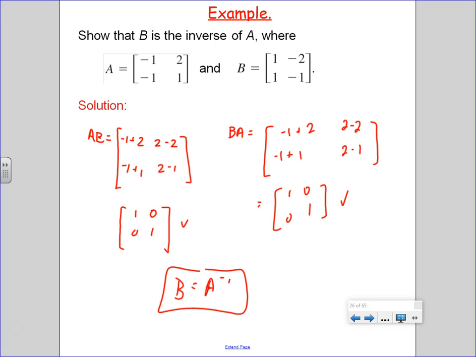Is A B inverse? Yes, technically, if you wanted to write it that way. The only reason I wrote it that way with B being A inverse is because it said show that B is the inverse of A. But yes, since B times A and A times B both work, we could say A is B inverse.